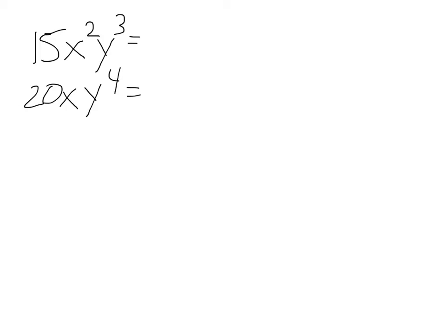Nothing's different here. Everything's the same. You just have to figure out how to factor the variables down. I want you to try this one. See if you can figure this one out. Pause the recording and work on this.